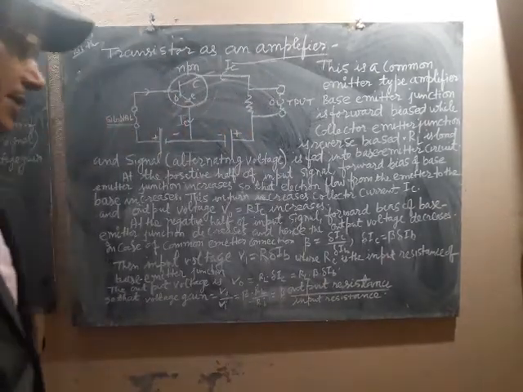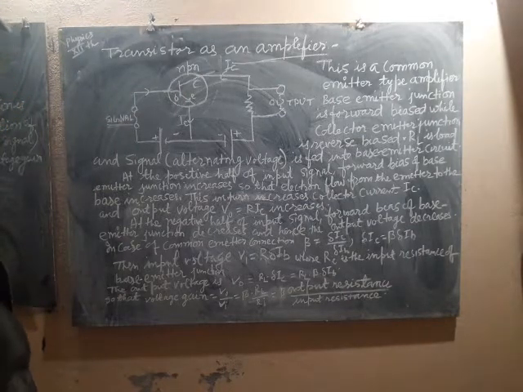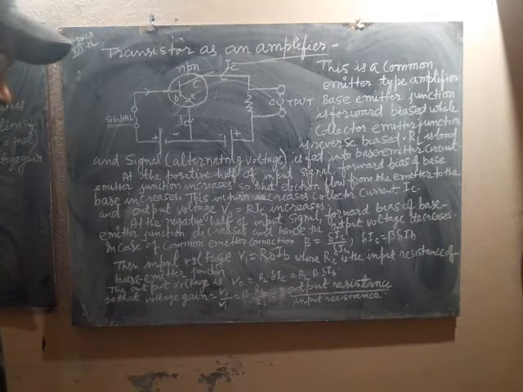What are you observing? Voltage gain is beta into output resistance by input resistance. Try to understand. I have made a video of transistor as an amplifier.